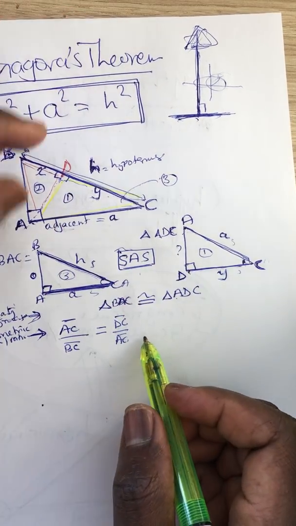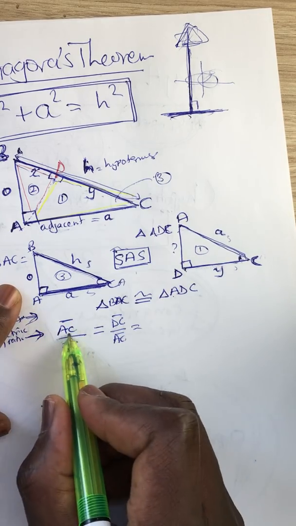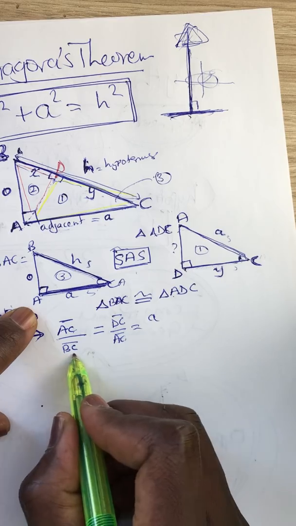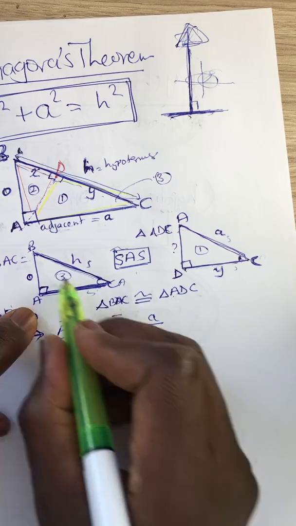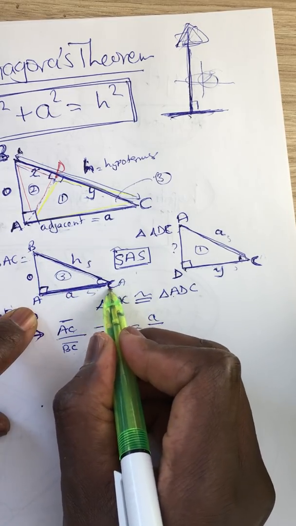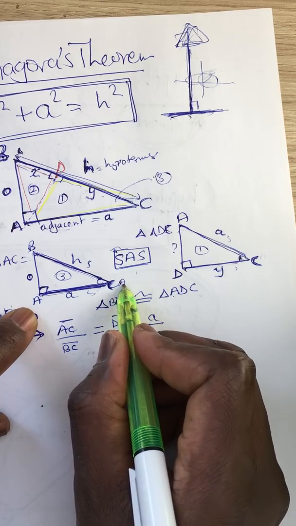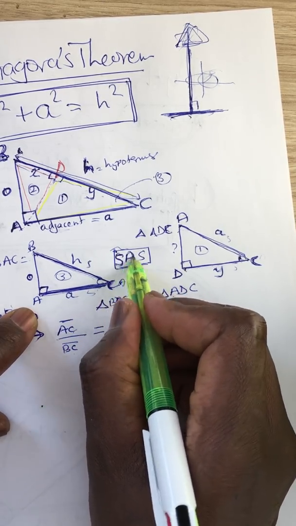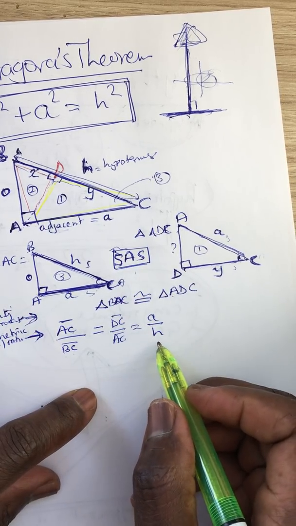So when you do this, let us extract the real values. AC is a, and BC is h. BC, this is our C. Remember, don't mistake it with that A, because that A we just used to demonstrate the side angle side constraint for similarity and congruency.